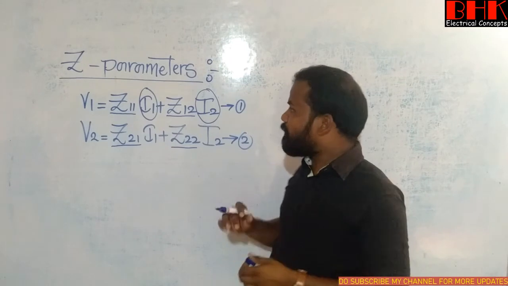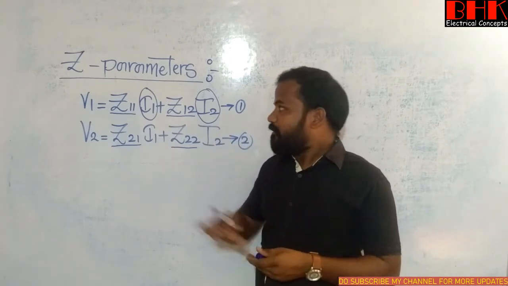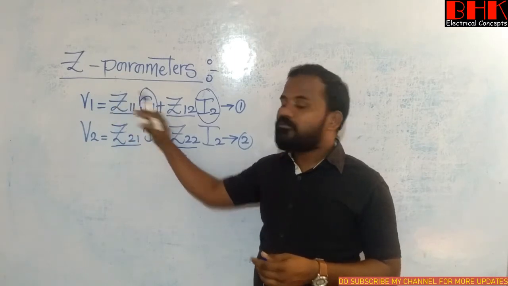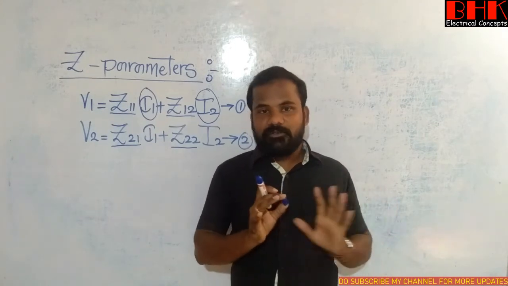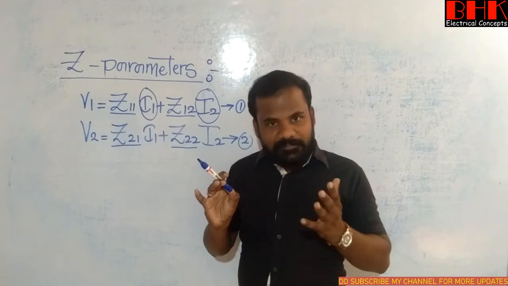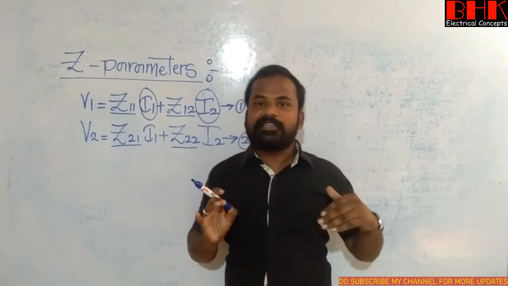Clear? Making I1 equal to 0 or I2 equal to 0 means what? If I want to take the value of I1 equal to 0, just open circuit port 1. If the circuit is open in port 1, then the current flowing in port 1 is 0.